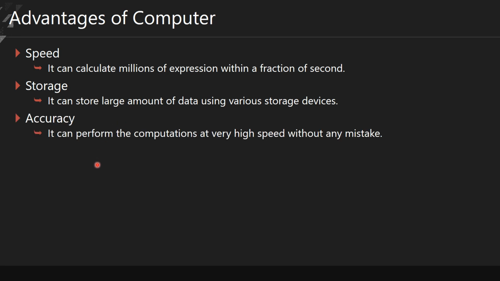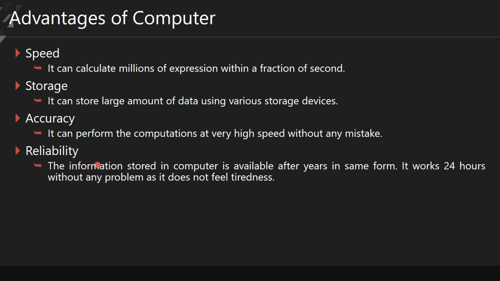It can perform computation at very high speed without any mistakes. Any human being can make a mistake while solving problems, but a machine will not be like that. It will give accuracy without making any mistake. That is the main advantage of using a computer. The first three are speed, storage and accuracy.